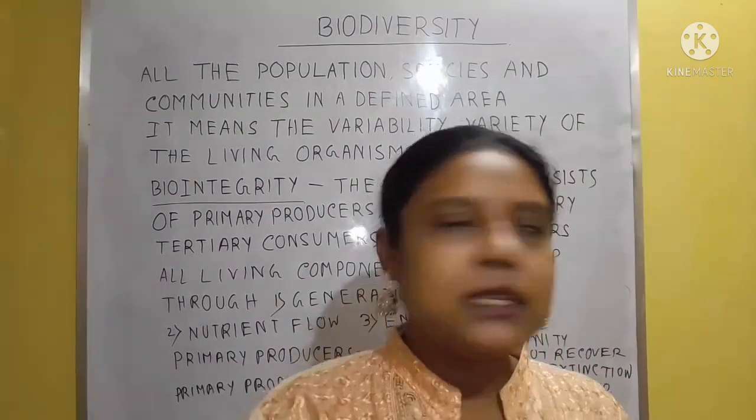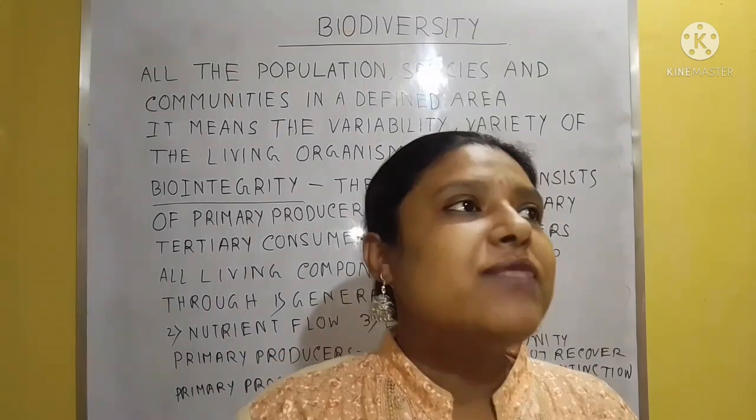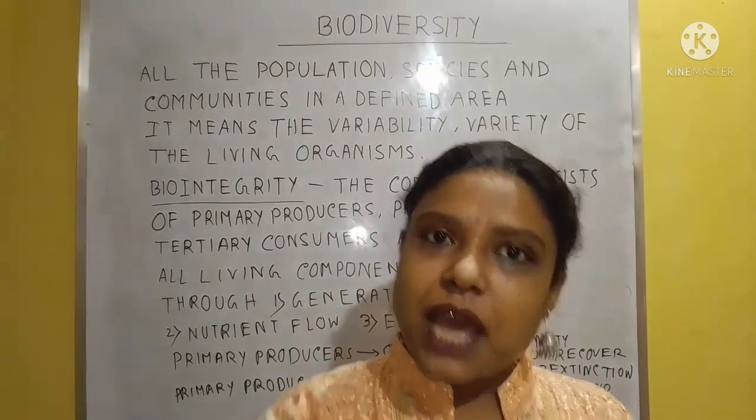Nutrient flow means the primary producers take the energy from the sunlight and make their food by the process of photosynthesis, and this food is eaten by the herbivores. Then herbivores are eaten by the secondary and tertiary consumers.